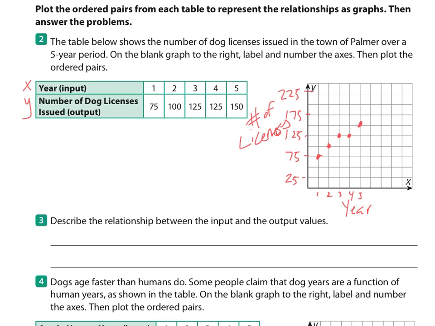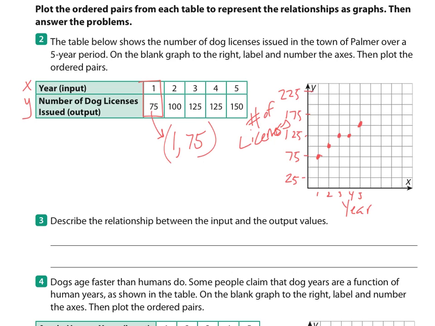We've got 5 dots on here. Again, x's and y's. These are my ordered pairs. So this just turns into the ordered pair 1, 75. Maybe I didn't make that clear. And then that's what I graphed over here on my graph.